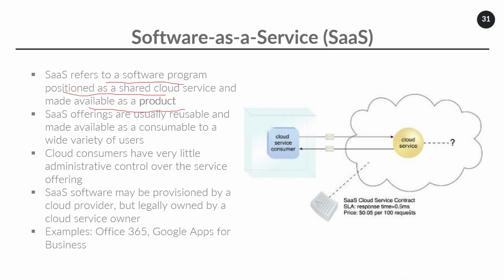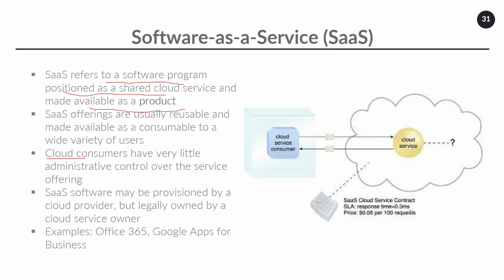As a cloud consumer, you don't have much admin control over the service. Sometimes you can configure them, but you don't have as much control, which is one of the characteristics of software as a service.